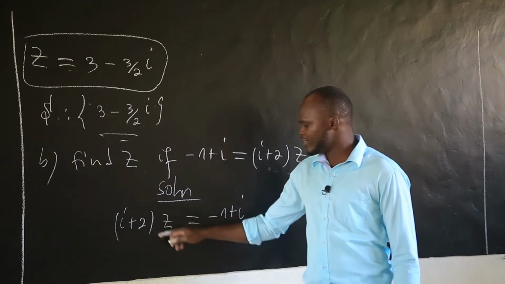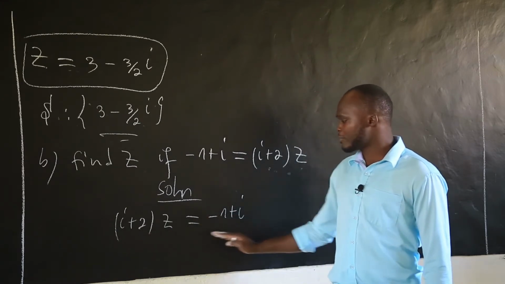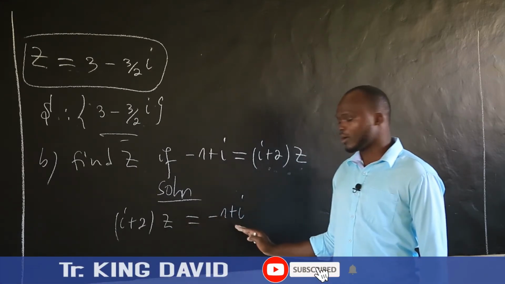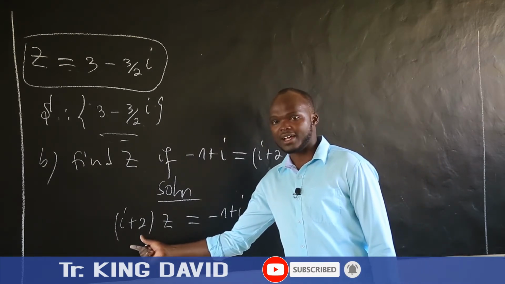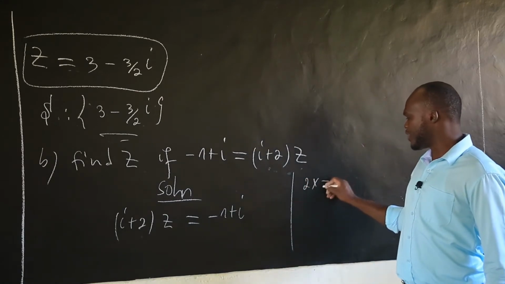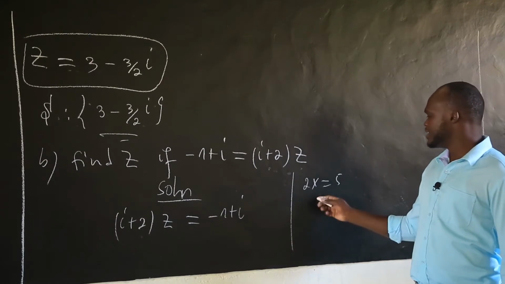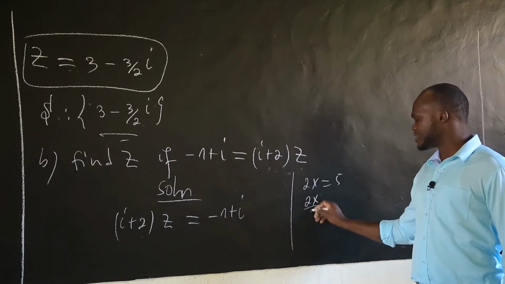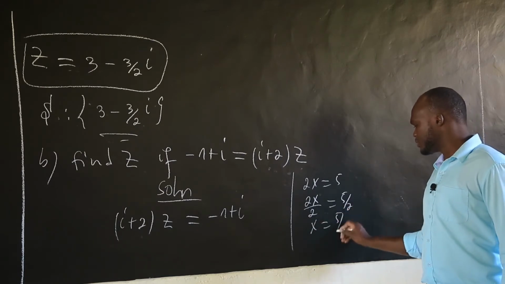So how can you get the value of Z? Here, because it is a product of complex numbers equal to a complex number, we can divide both sides by I plus 2. This is like when you have 2x equal to 5: when you are looking for the value of x, it's better to divide by 2 both sides, so x will be 5 over 2.